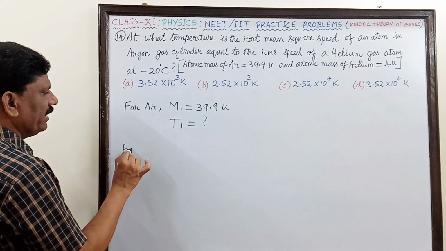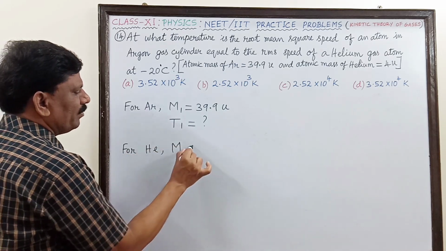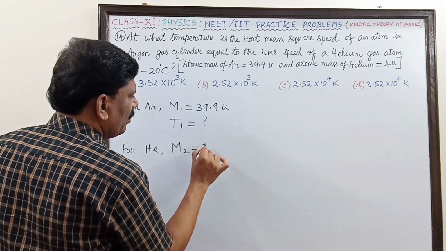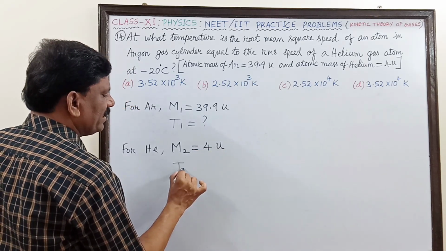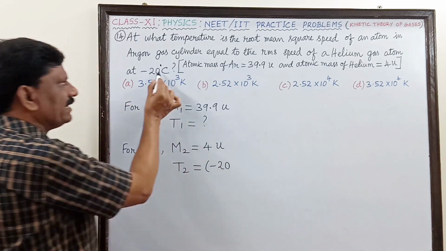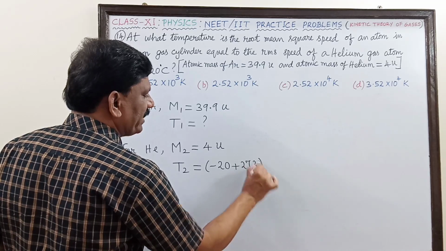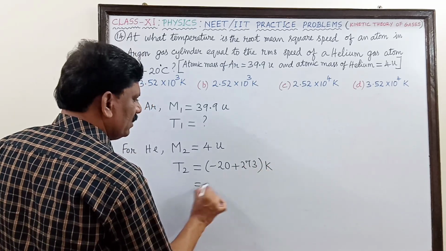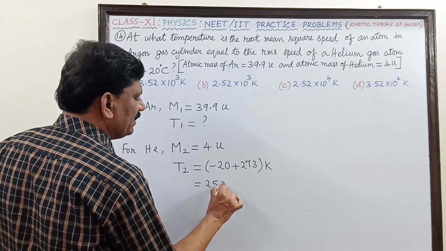And for helium, the molar mass M2 is equal to 4 U and it is maintained at a temperature T2 equal to minus 20 degrees Celsius. If I add 273, it is expressed in Kelvin. So 273 minus 20 is 253 Kelvin.